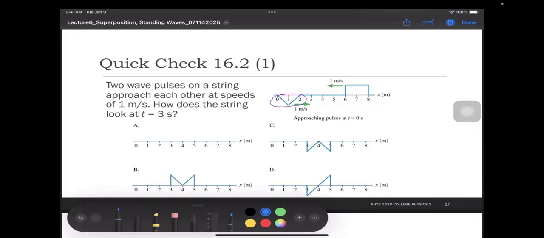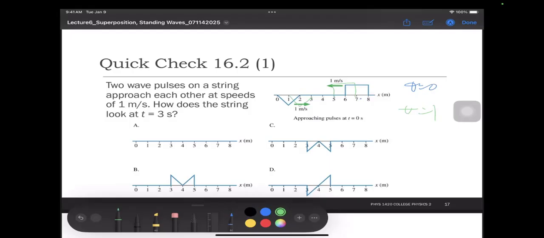Let's say we use t equals 0. This is just like this one. And this is t equals 0. And then t equals 1, which means this will move like this, and this will move like this.